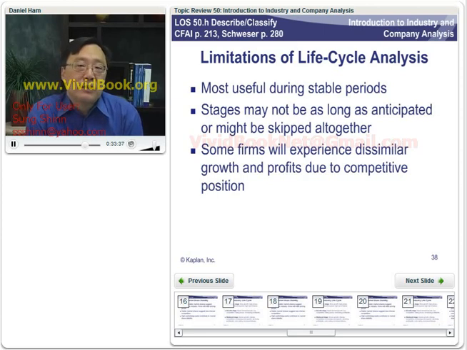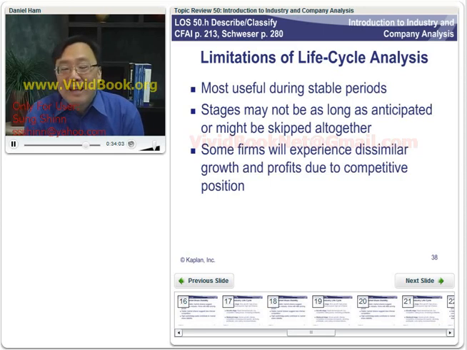That's because this model could be really wide or even short depending upon your industry. And in fact, some stages may be skipped altogether. You could go from, say, the growth stage all the way to the maturity stage without any shakeout. Or you could go from the embryonic stage to declining stage rapidly and just even skip the 3 middle stages.